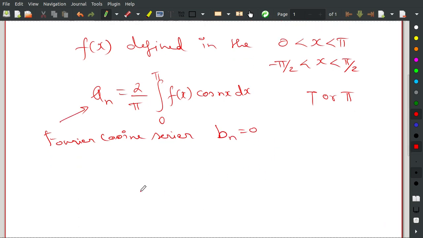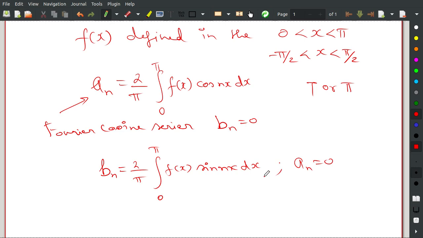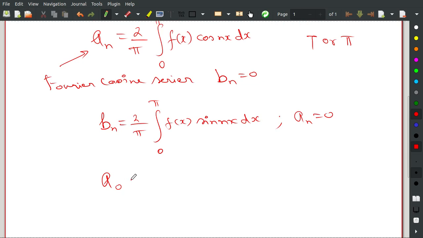Suppose they ask you to find the Fourier series of f of x given in this limit, and if they ask to find the Fourier sine series, then it is nothing but 2 by pi integral 0 to pi f of x sin nx dx. Here an equals 0. So this is the formula. In both cases, a naught equals 2 by pi integral 0 to pi f of x dx.